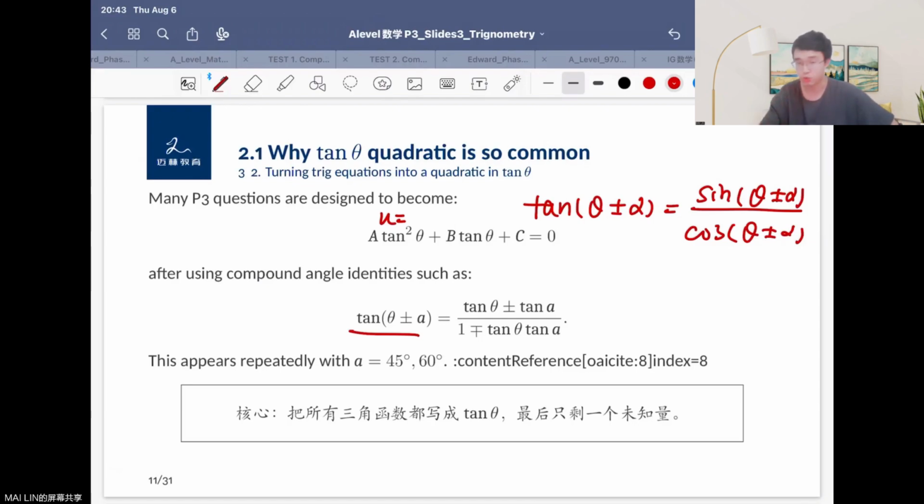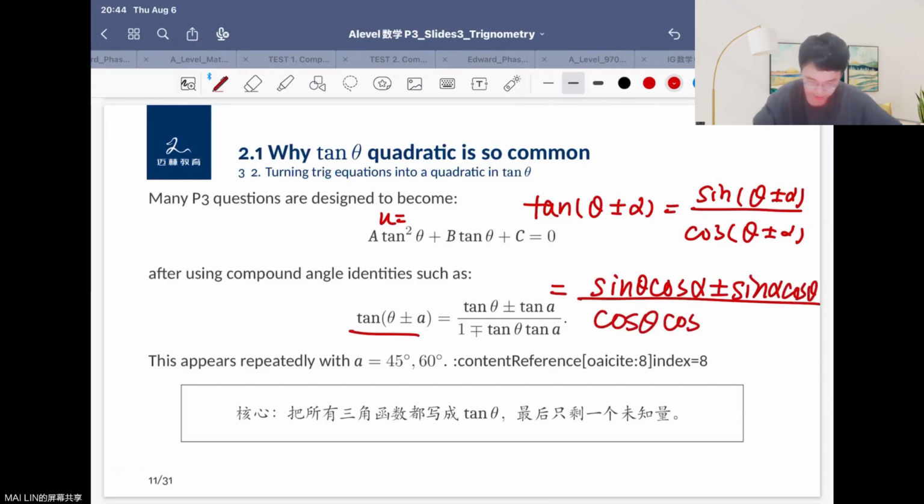So it becomes sine theta cosine alpha plus or minus sine alpha cosine theta, over cosine theta cosine alpha minus or plus sine alpha sine theta, okay? Then divide numerator and denominator by cosine theta cosine alpha at the same time. So you can get this rule, and that's how you can prove it, okay?